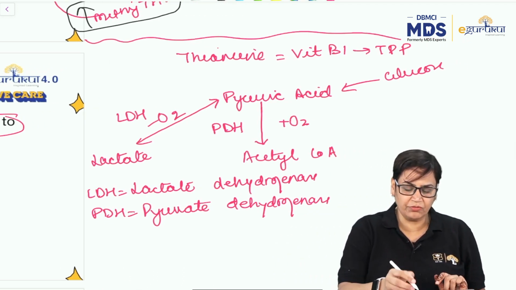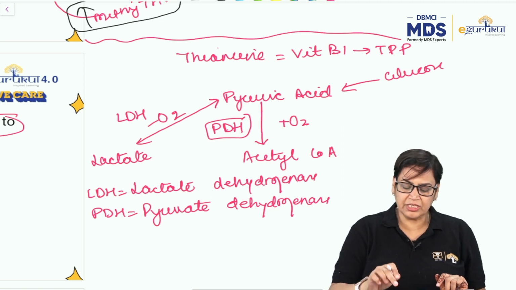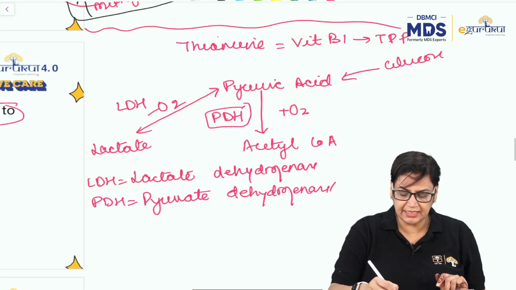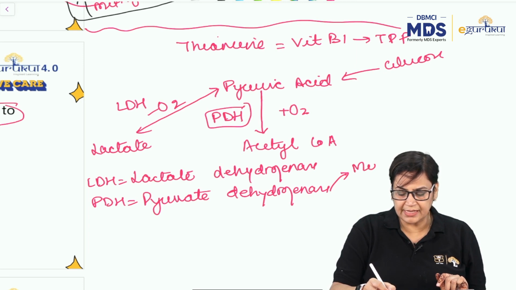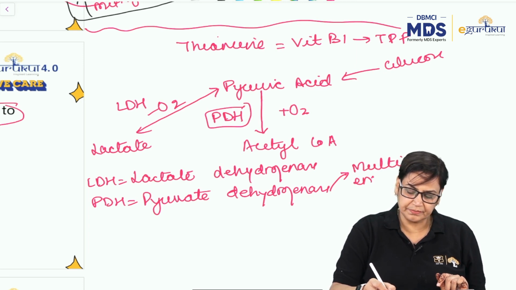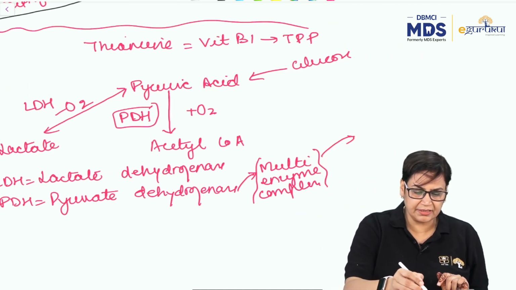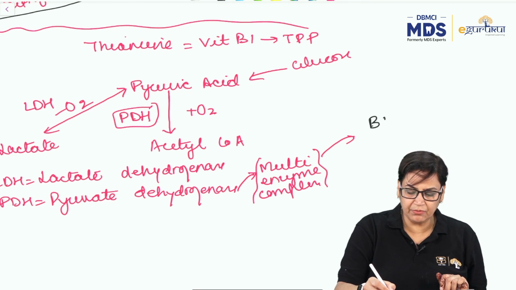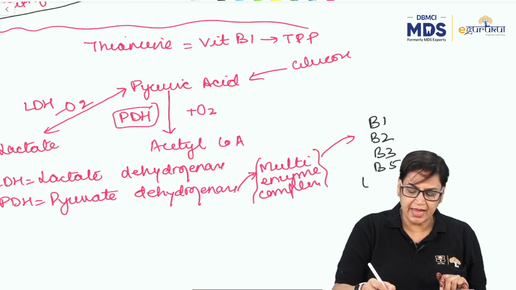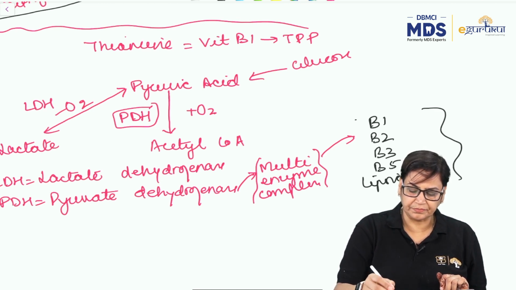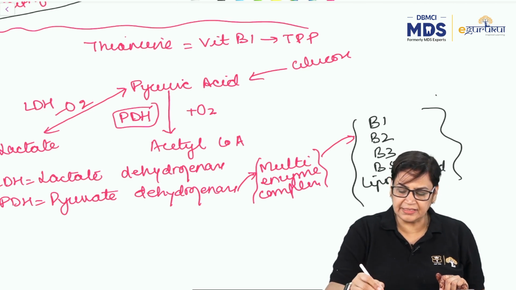Thiamine is a component of PDH. And you know, this pyruvate dehydrogenase is an example of a multi-enzyme complex. Now, what do you mean by multi-enzyme complex? This PDH requires B1, B2, B3, B5 and lipoic acid, and 3 enzymes.